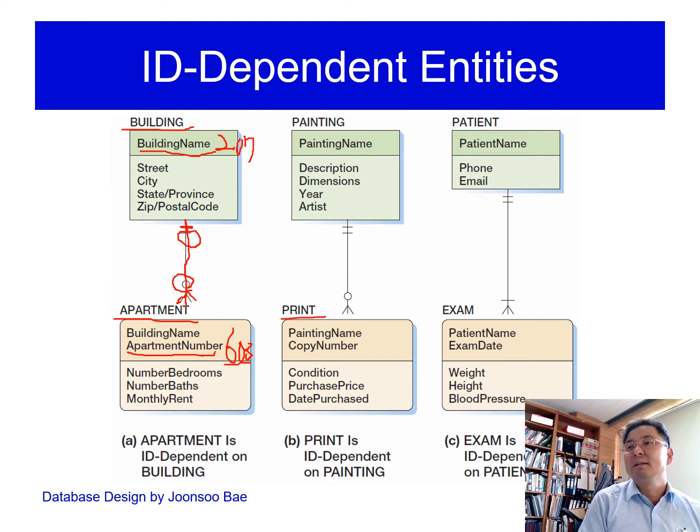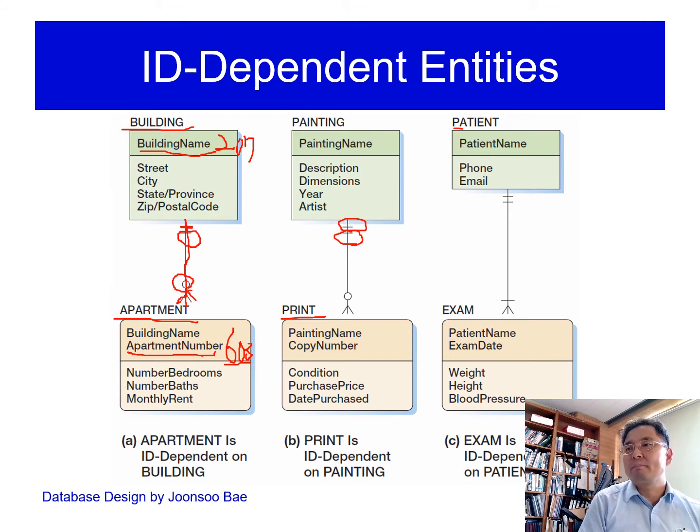So we can represent this ID dependent entity using a solid line. The parent has maximum cardinality 1 and mandatory minimum cardinality, and the ID dependent entity has many maximum cardinality and optional minimum cardinality.